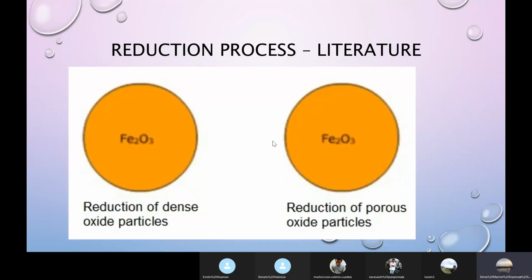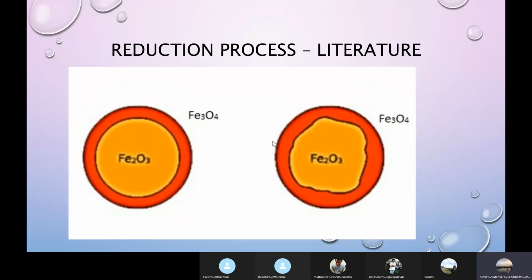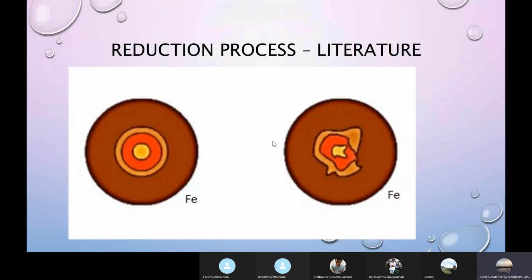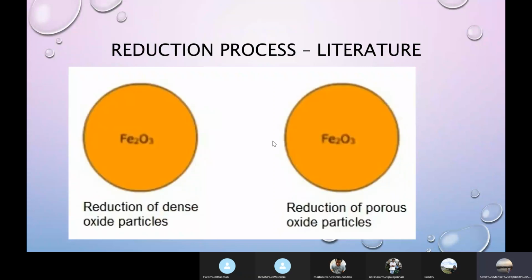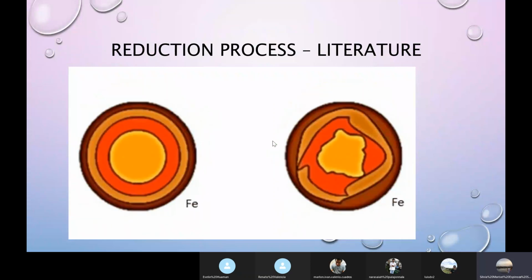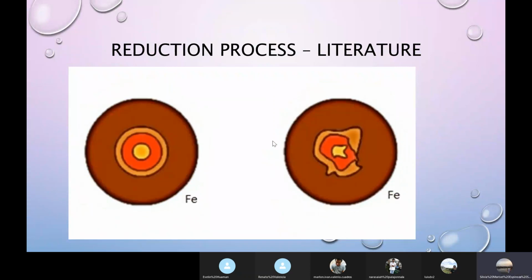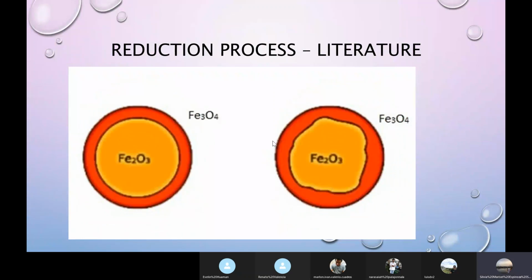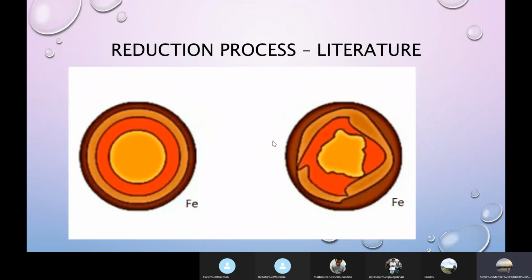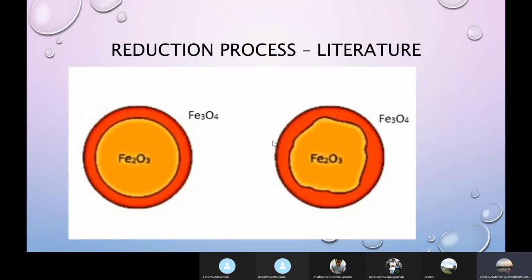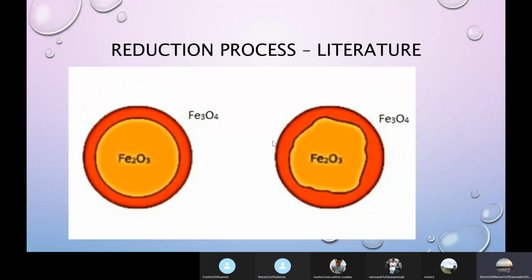Iron oxide reduction is a process of removing oxygen from iron mineral in stages. The gas-solid reduction of iron occurs in the following 3 steps. The first step is diffusion of the gaseous reducing agent, carbon monoxide or hydrogen, through the gas-solid boundary layers and inwards through the porous layers of iron, wustite, and magnetite.